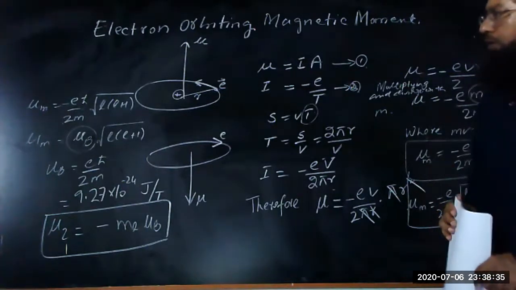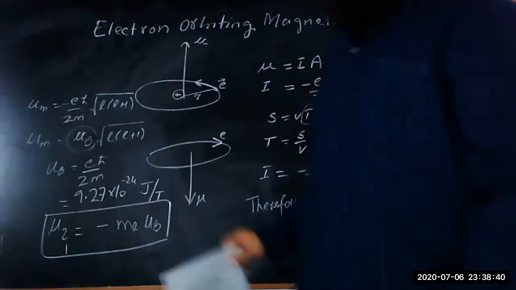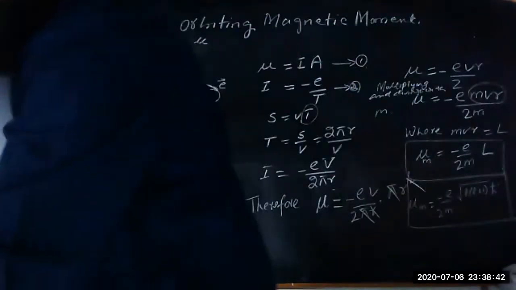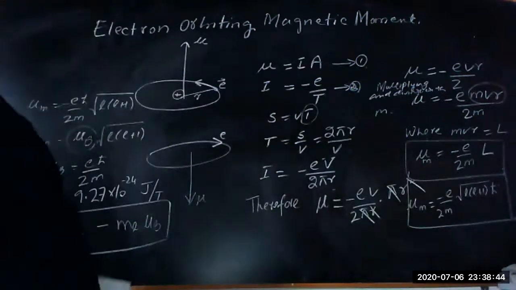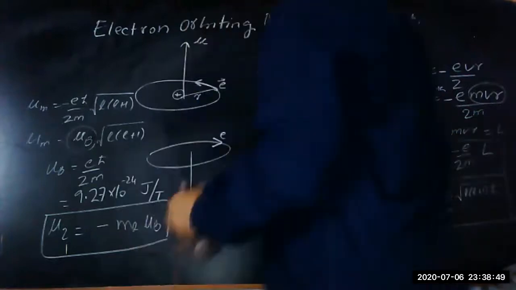Now we have to look at how the atom is placed in the magnetic field, and that magnetic field will split the energy levels, and we call it the Zeeman effect. So now we are discussing the Zeeman effect.